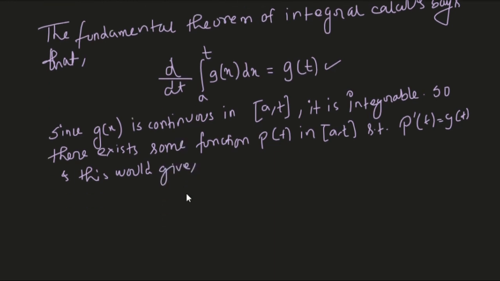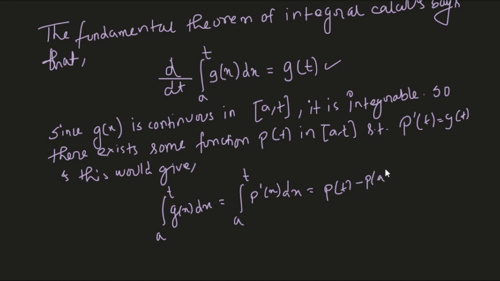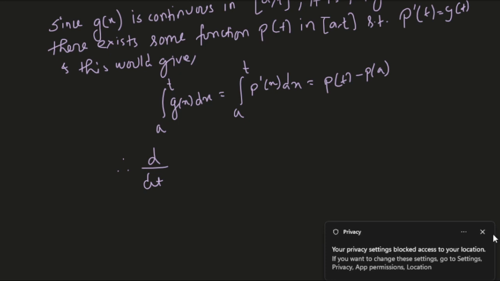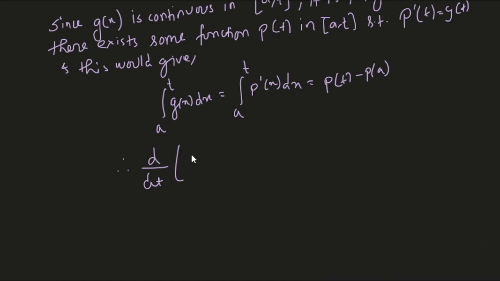And this would actually give that since there exists some function, we can write that the integral from a to t of g of x dx is simply equal to the integral from a to t of p dash x dx, and this would give you p of t minus p of a. And now differentiating both sides with respect to t, the derivative of the integral from a to t of g of x dx is p prime t. So this is the whole thing we wanted to prove.